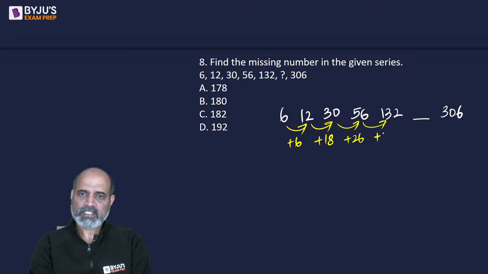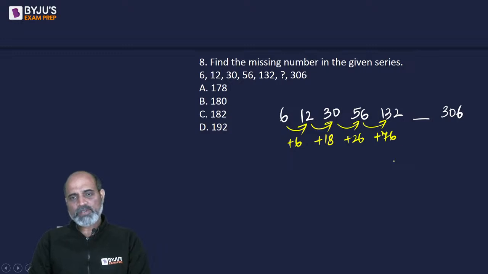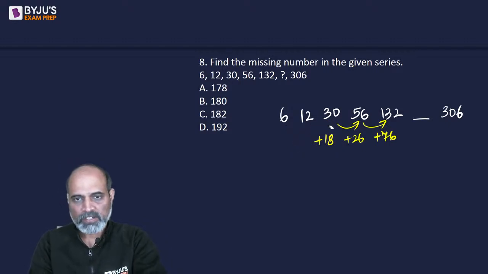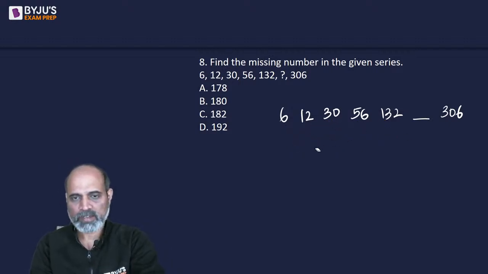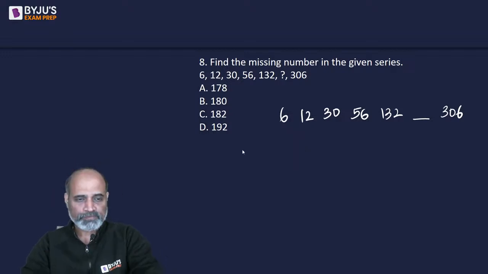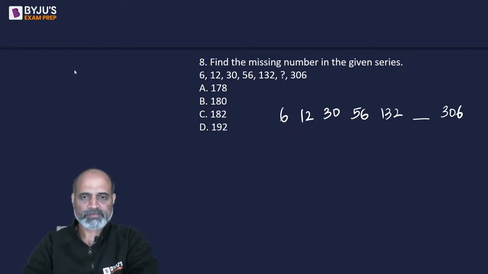This is 76. So 6, 18, 26, 76. Double, triple, 4 times. Nope. There is some other logic that is working.